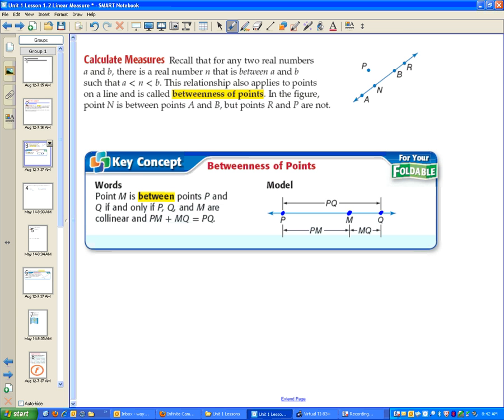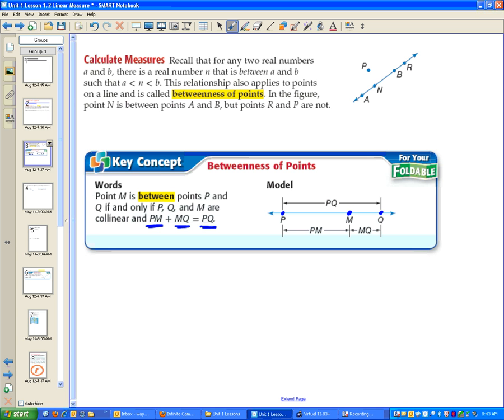But here's the formal fancy math definition, right? Point M is between points P and Q if and only if P, Q, and M are collinear, and that means the length of PM plus the length of MQ equals the length of PQ.